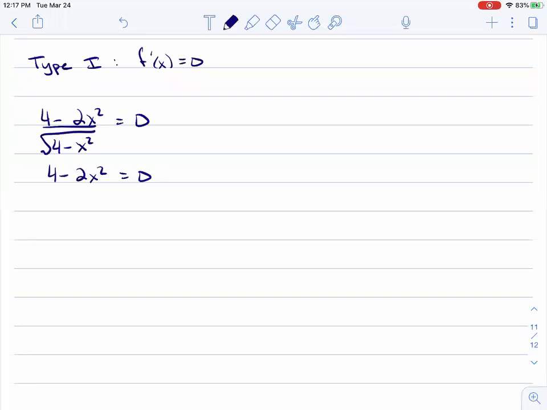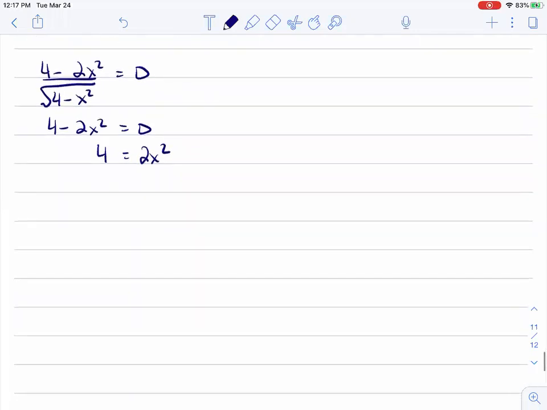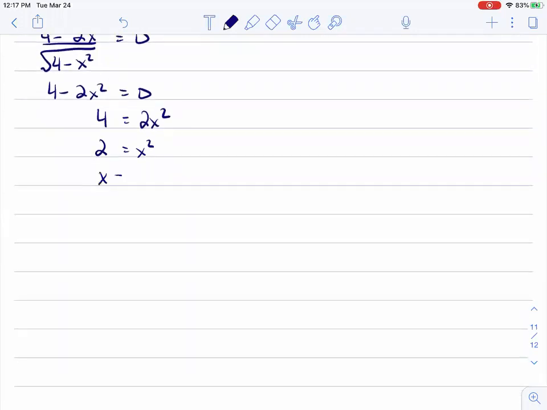Solving, 4 is 2x squared, so 2 is x squared, so x is plus or minus the root of 2.